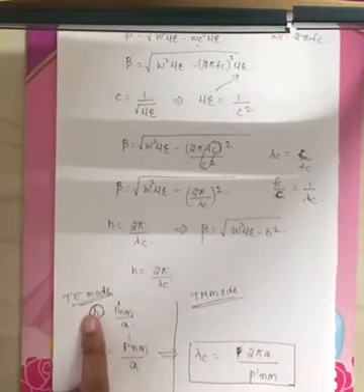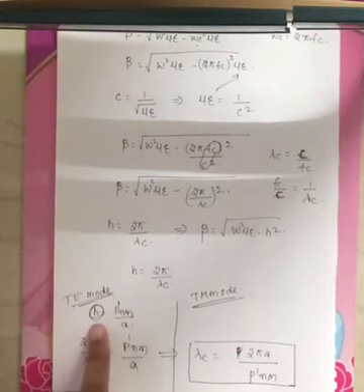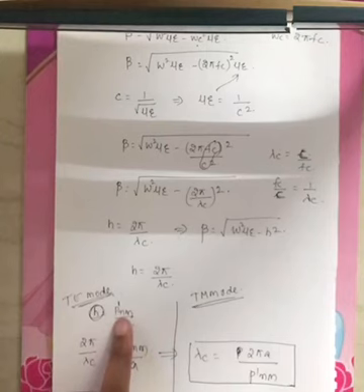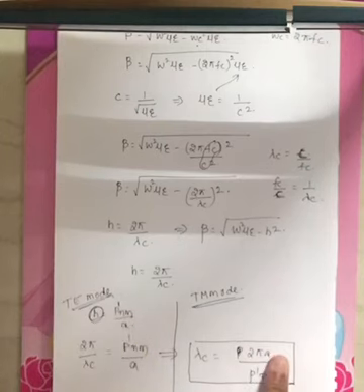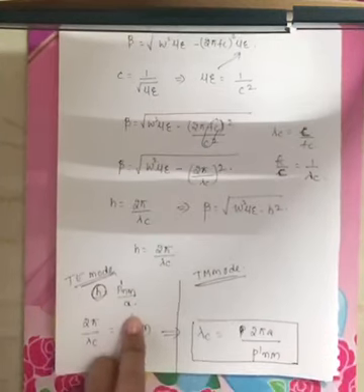Now for TE mode of propagation, see, till here everything is clear. For TE mode of propagation, we have the nth order Bessel function which will have an infinite number of roots. Those roots are represented by P dash nm for TE mode and P nm for TM mode of propagation. Under that you will have a formula for h, that is P dash nm by a, right?